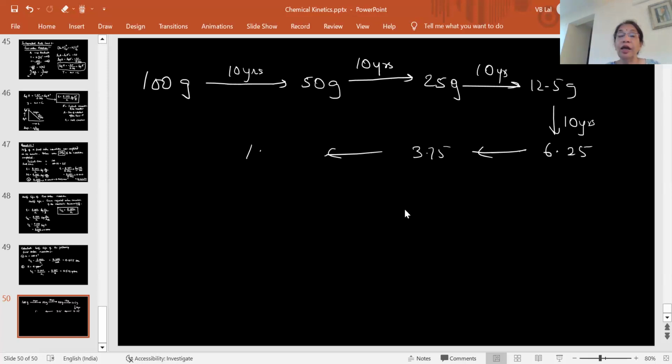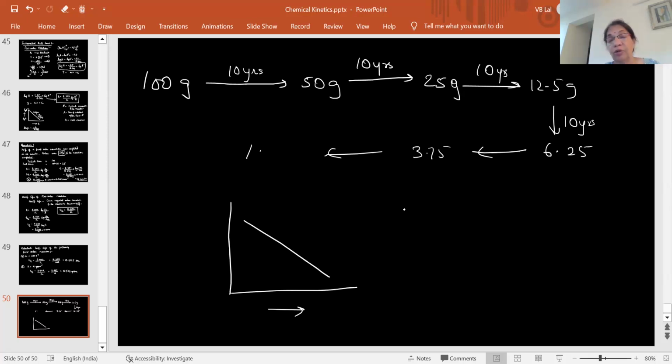In first order reaction, you have to always remember the graph between time and the log of the concentration, log A, gives a negative slope, and the slope will be minus K by 2.303.